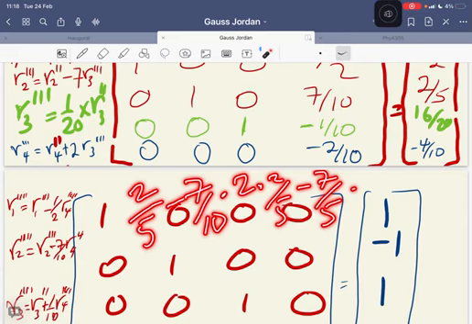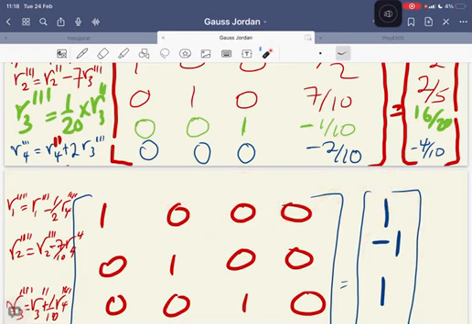So this is going to give us minus 5 over 5, which is minus 1. And that is what we have here.